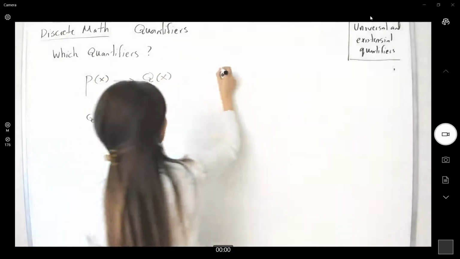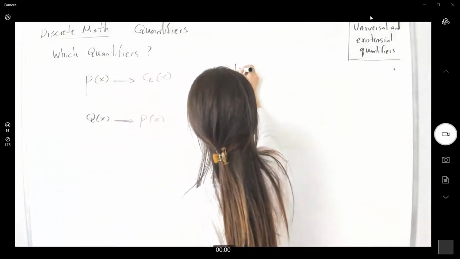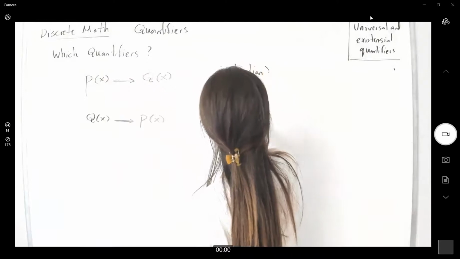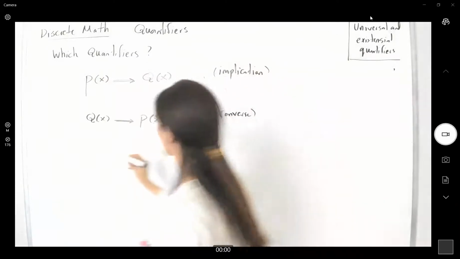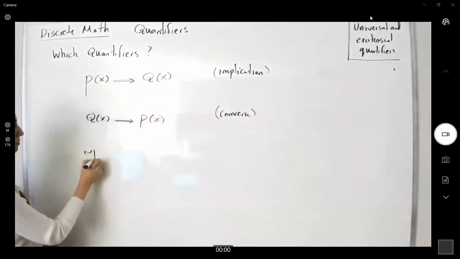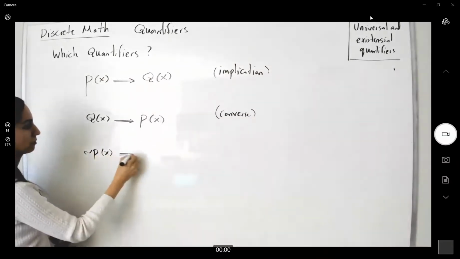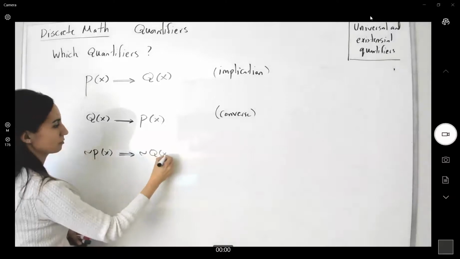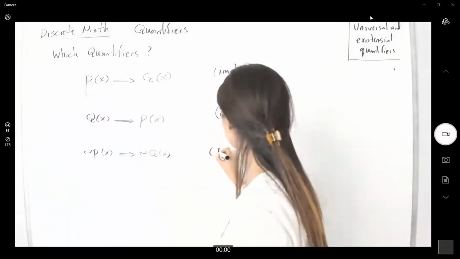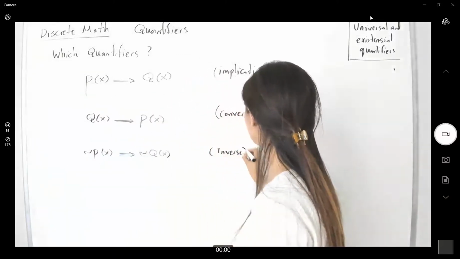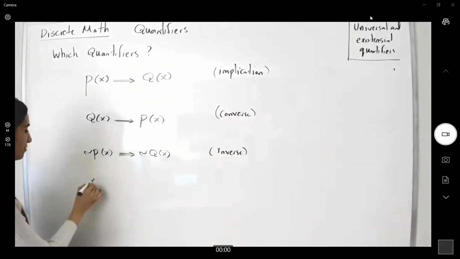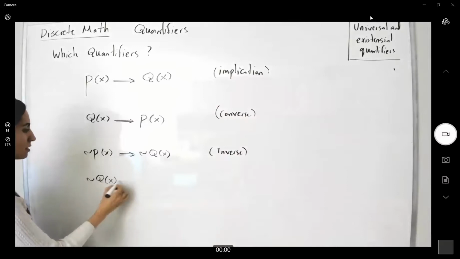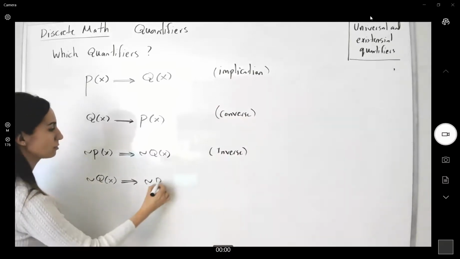So this is just implication. This is the converse. This guy is the inverse. And if you have contrapositive, not q, then not p.